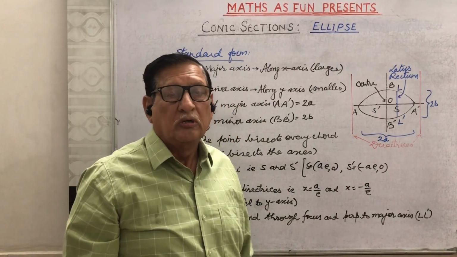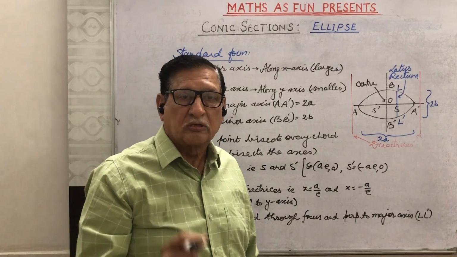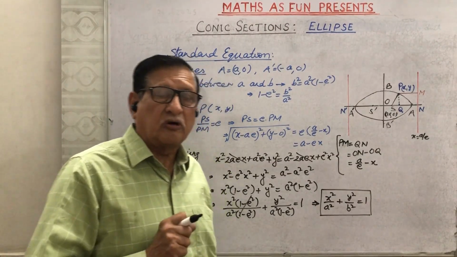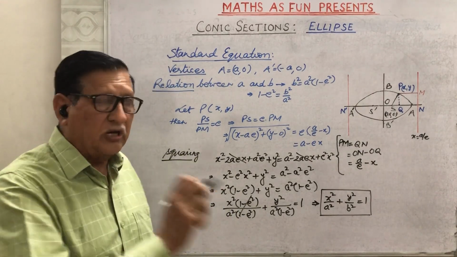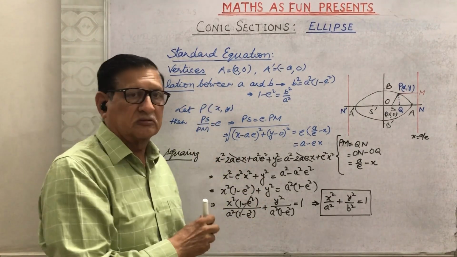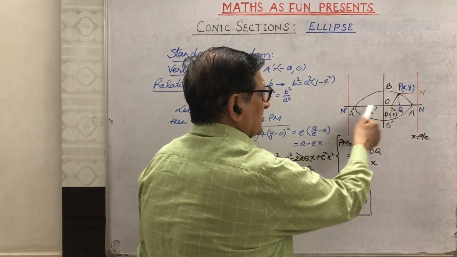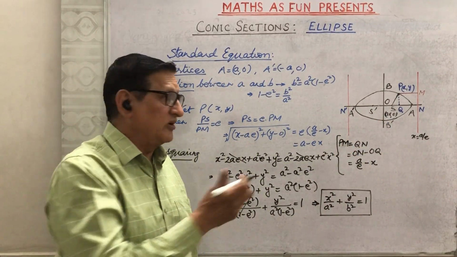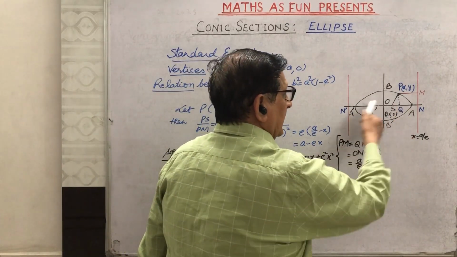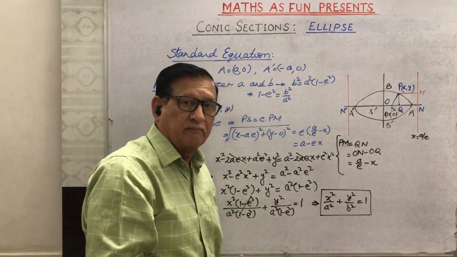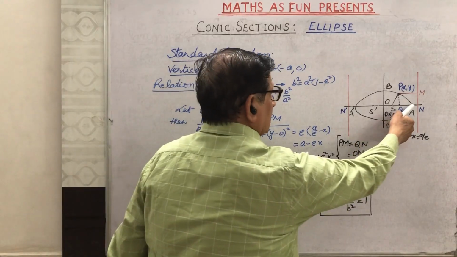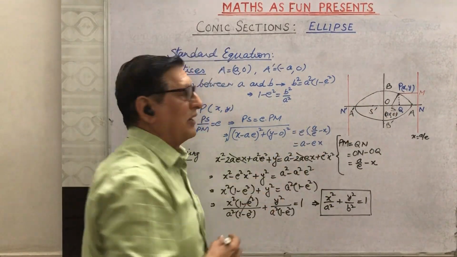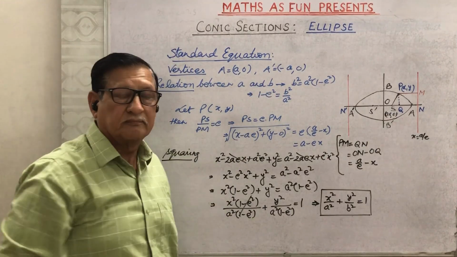Let's learn now how to find the standard equation of an ellipse. To find the standard equation of an ellipse, we first have to know the vertices. A and A dash are known as the vertices of the ellipse, and since A A dash is the major axis, 2a, the coordinates of A will be (a, 0), and that of A dash will be (minus a, 0).